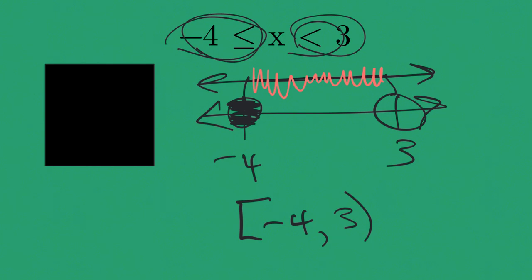I can include -4. I cannot include 3 because of the open circle. That would be the interval notation for that solution set of answers.